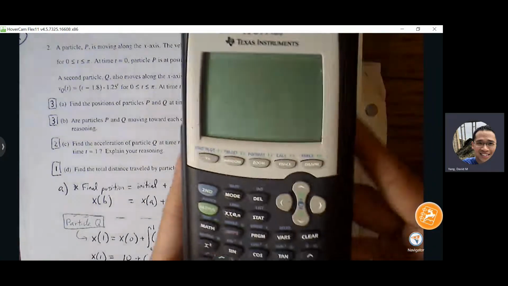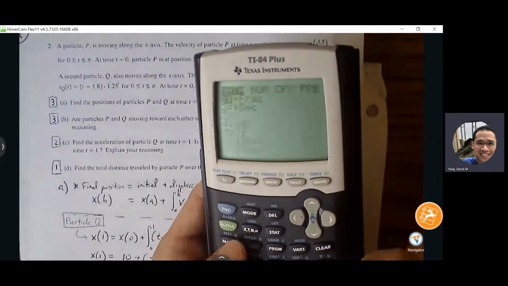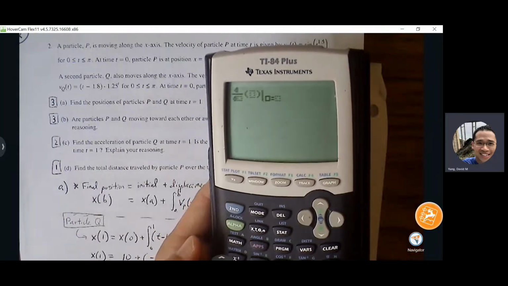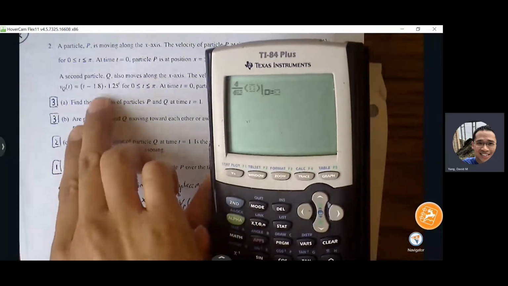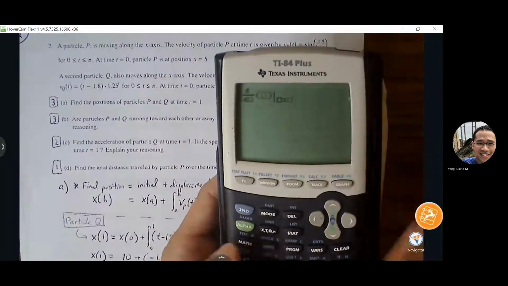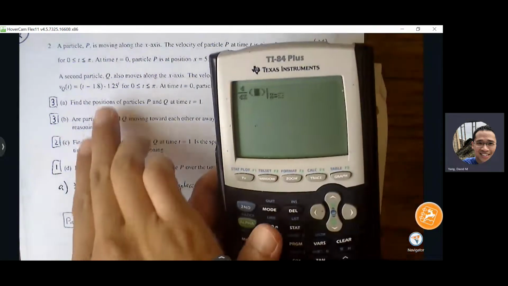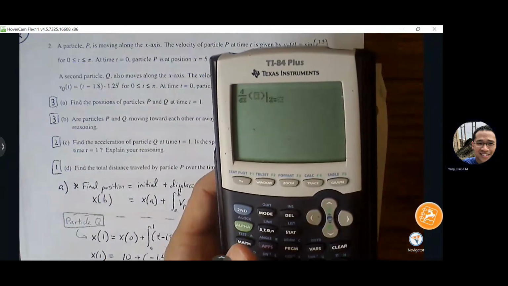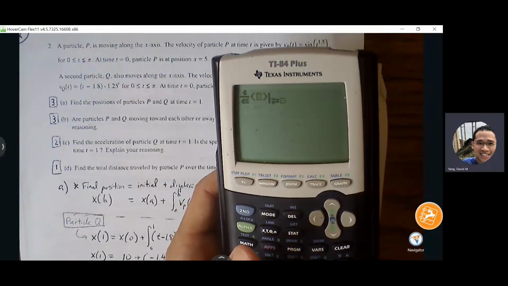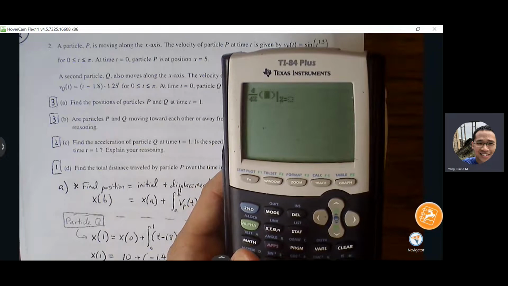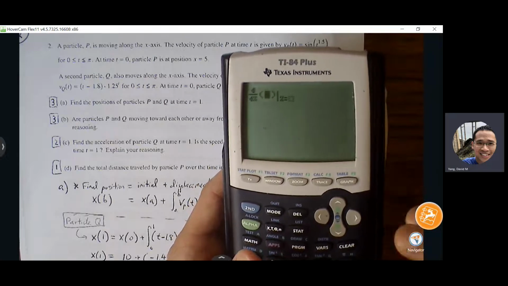So there's that feature of Math 8, that nDeriv feature that allows us to evaluate the derivative at a point. So I can do x minus 1.8, type in the velocity function, give it the t value, and then make the calculator find the derivative, the acceleration at that point for us.